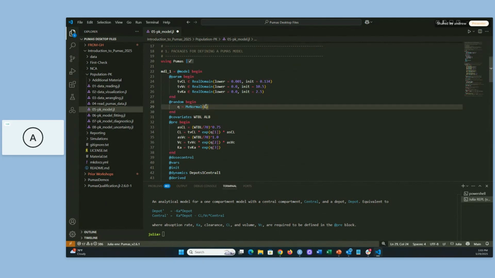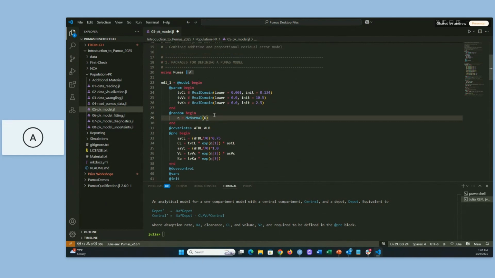This is where you also need to bounce back and forth a little bit. We have these fixed effects, and we have this matrix of random effects, but we never actually defined this omega. So where is it coming from? That too needs to be defined within our parameter block.